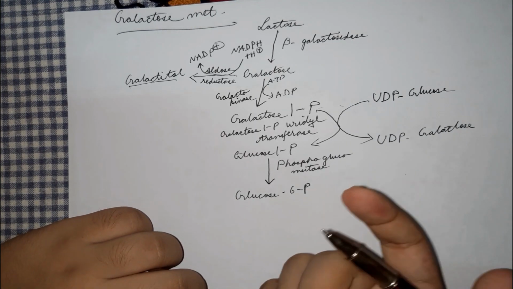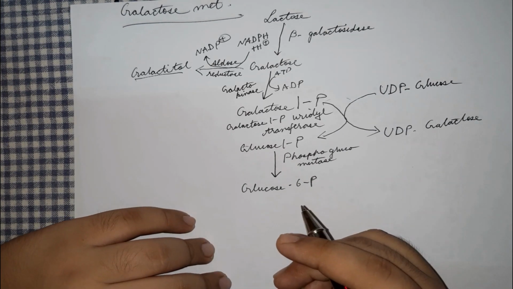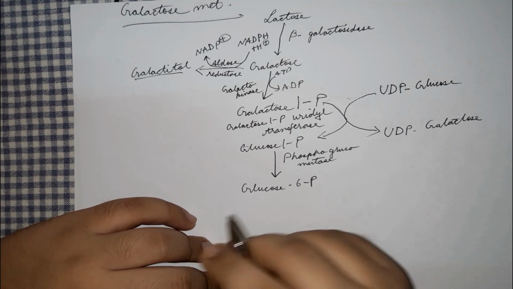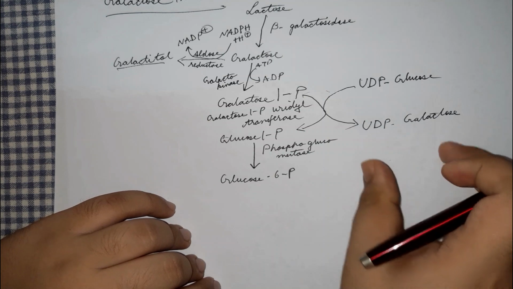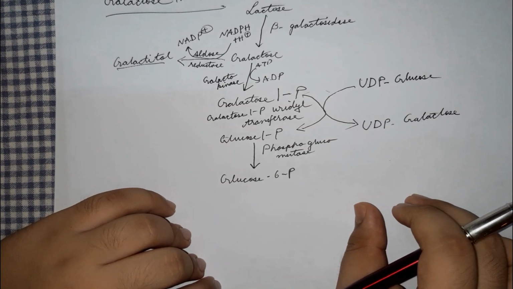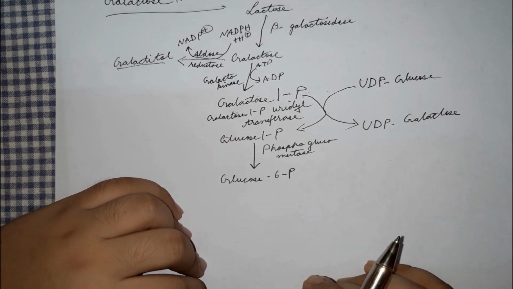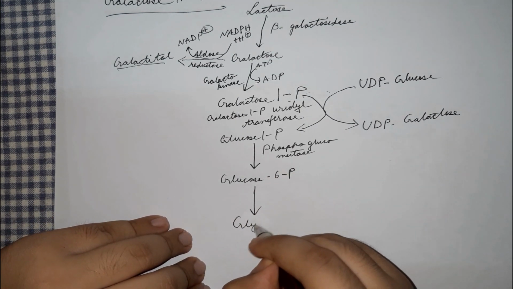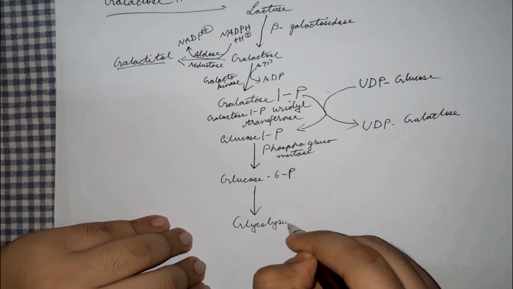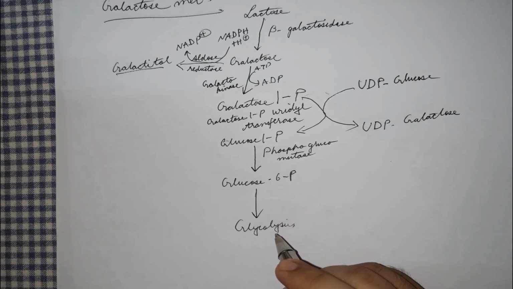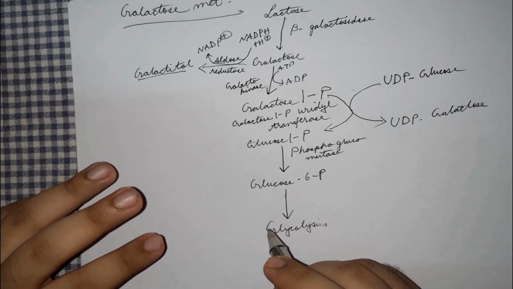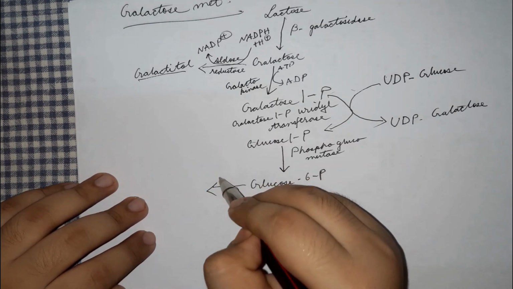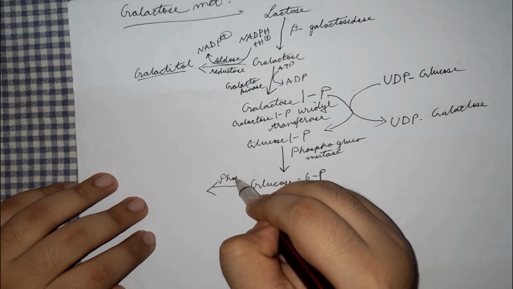Now you have glucose 6-phosphate, so you have reached one of the glycolysis intermediates, because in glycolysis of glucose also we see glucose to glucose 6-phosphate. So from here onwards, glycolysis, no problem. And from glucose 6-phosphate, another thing which may occur, although a little less common, is a phosphatase.